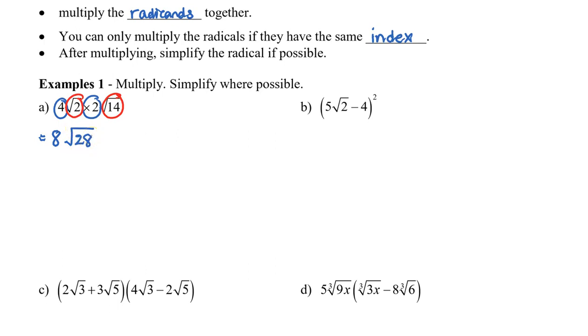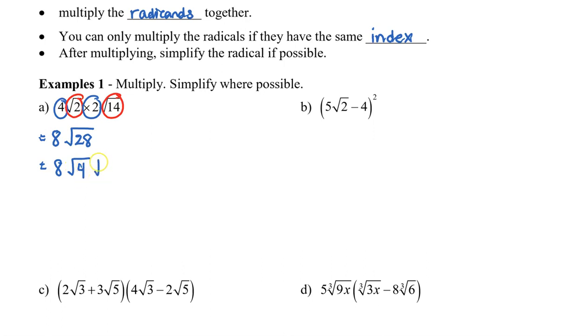Now, even before I multiply, I can see that 2 goes into 14. So that means we have a 2 in the 14, and I have a 2 from the first radical. So therefore, I know that root 28 can be simplified. Because I know that it was 2 and 2, we know that root 28 is divisible by 4.